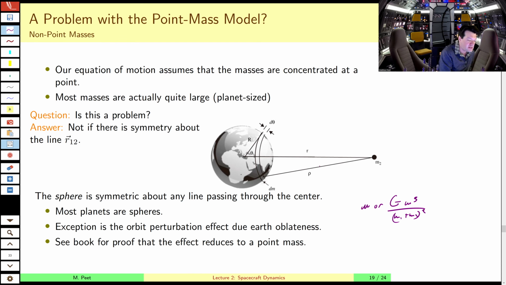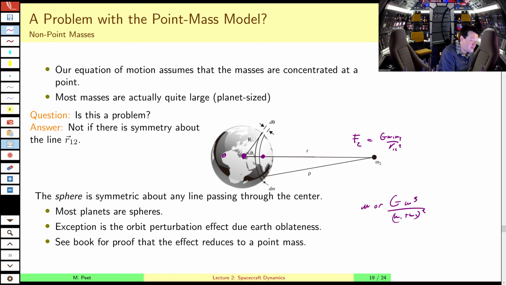So here's our planet. We want to assume that it's a point mass. It's not a point mass. In fact, there's mass over here on this side of the planet. So if we're measuring our force on mass 2, there's part of the planet which is closer to you. And so remember that's G m1 m2 over r12 squared. And so this mass will be exerting a stronger force because it's closer to you, and this term is smaller.